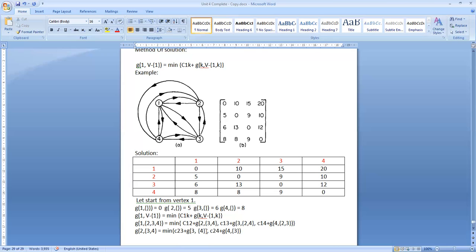To get this expression, I should solve what is this G of 3 comma set 4, G of 4 comma set 3. I should solve this one and get this one. What does it mean?